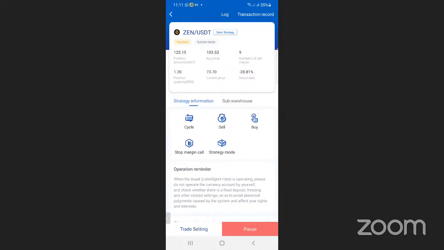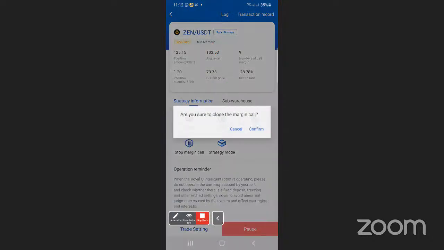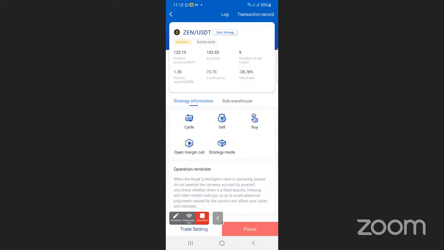Now, the margin calls are open, meaning the robot will continuously purchase this coin even when I put it in one shot, because the robot will not sell this coin until the coin is seated in profit. Because if you look at this coin, its average price and its current price are different. But for the robot to make a close, the average price must be near to the current price. So what I will do, I will stop the margin calls by tapping there on stop, and it will be like open the margin call. I think I've answered you.